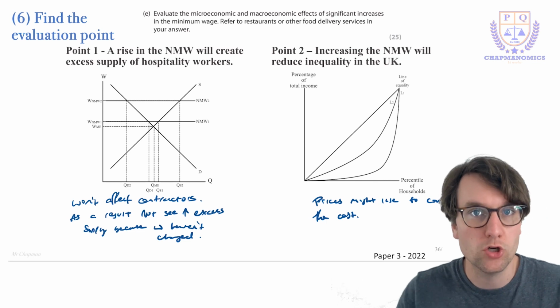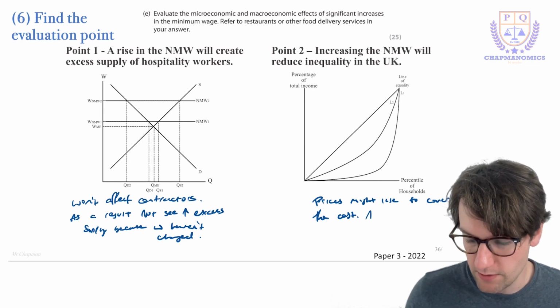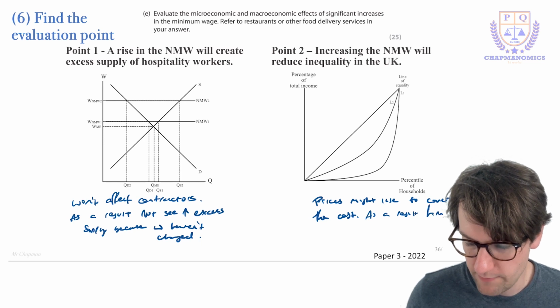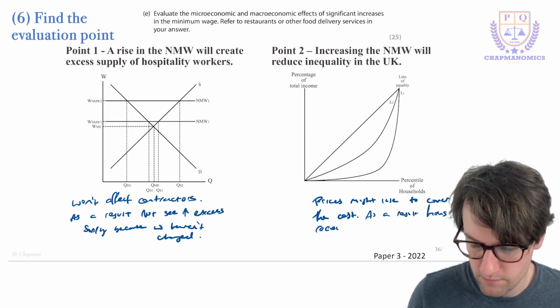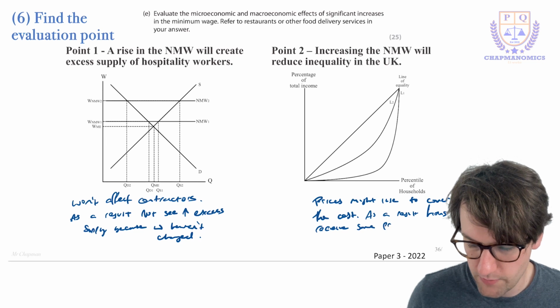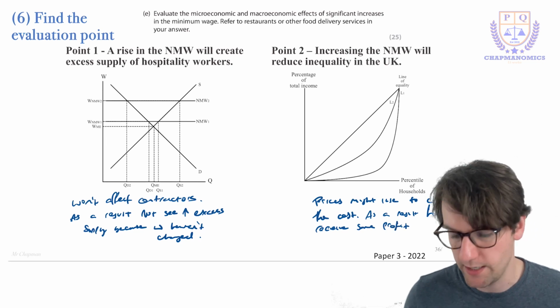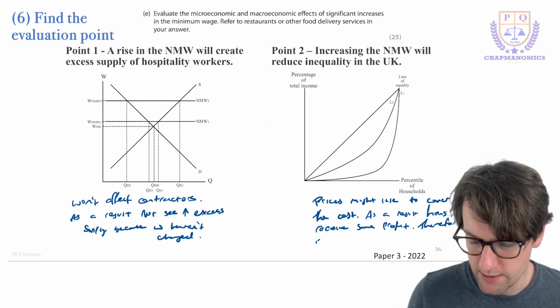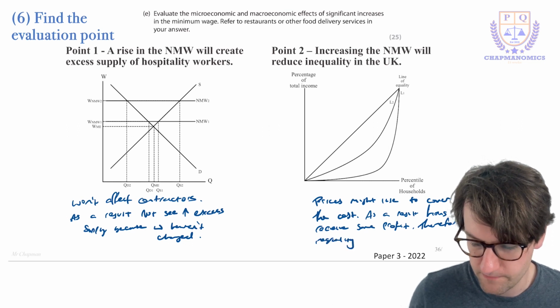So basically, cost push inflation. As a result, firms receive the same amount of profit because they've simply pushed up their prices to cover that extra cost, and therefore inequality remains the same.